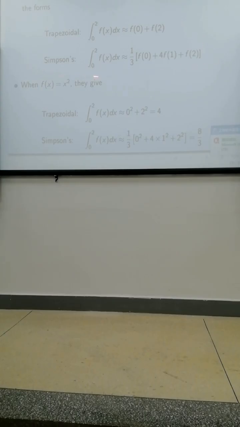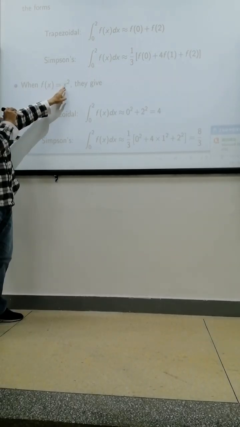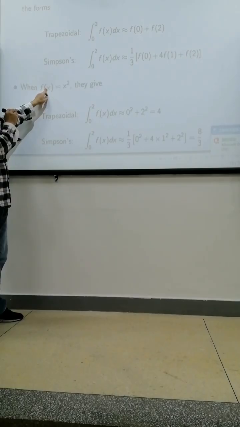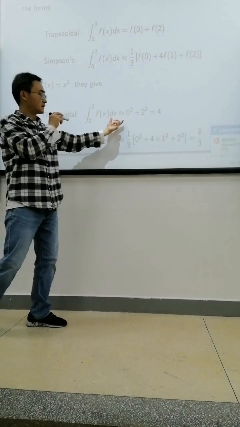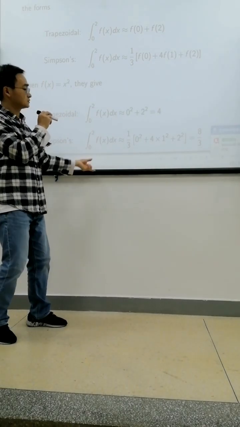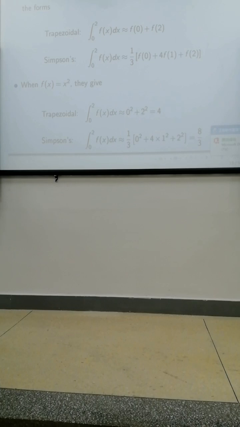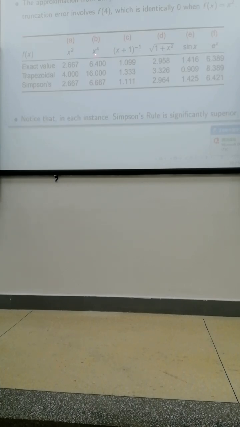Okay, we will get these two formulas, right? If we substitute x squared for f of x, we can directly calculate this one. And then if we substitute x to the power 4 like this, we can directly get this approximation.